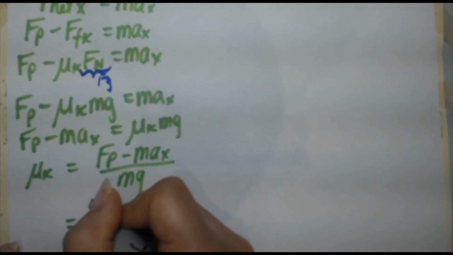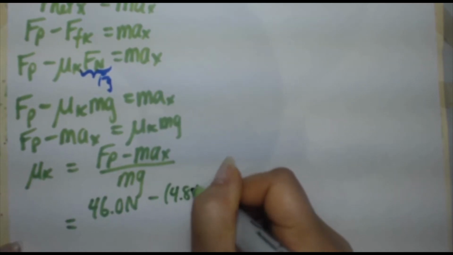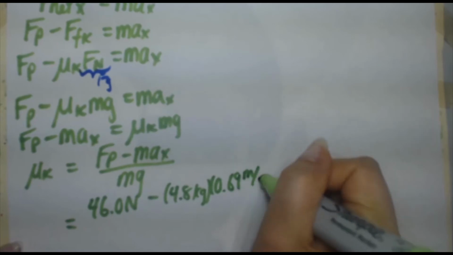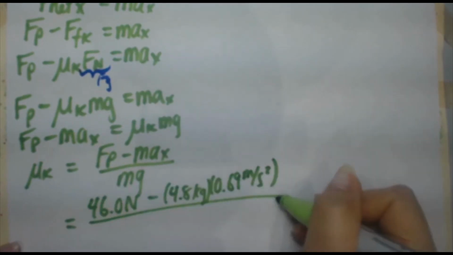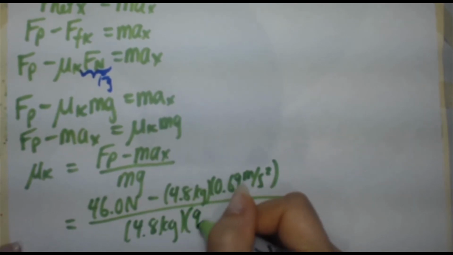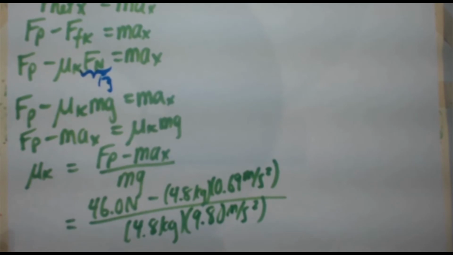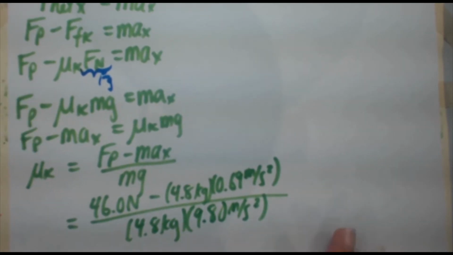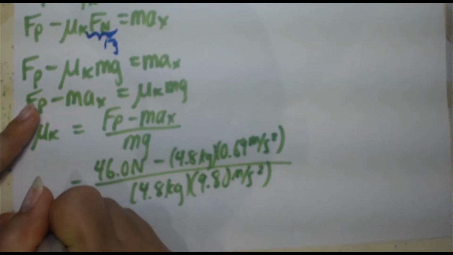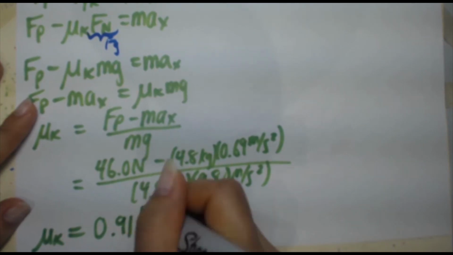Okay, so Fp is 46 newtons, minus the mass, 4.8 kilograms, times acceleration, 0.69 meters per second squared, divided by the mass again, 4.8 kilograms, times g, 9.80 meters per second squared. That's it. You just have to plug this in your calculator, and if you don't make any mistakes, then you should end up getting your final mu k value of 0.91.